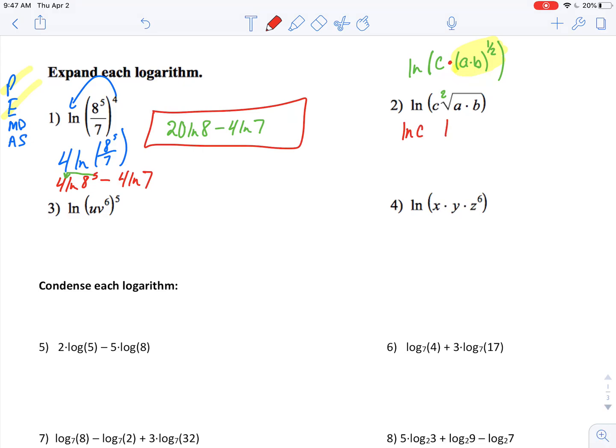But I'm multiplying here, so I want to expand this. Again, we're expanding these logarithms. So I'm going to expand this into 2 natural logs. So natural log of c and natural log of a times b to the 1/2 power.